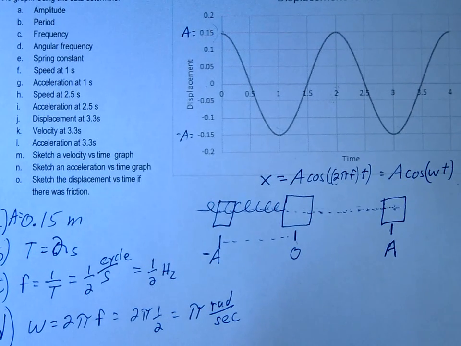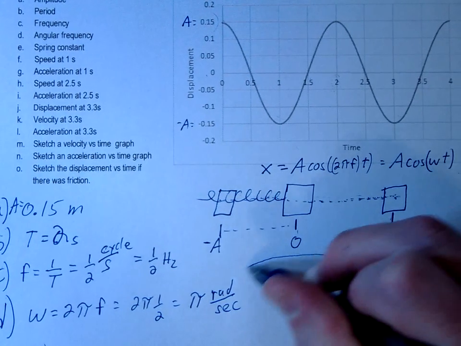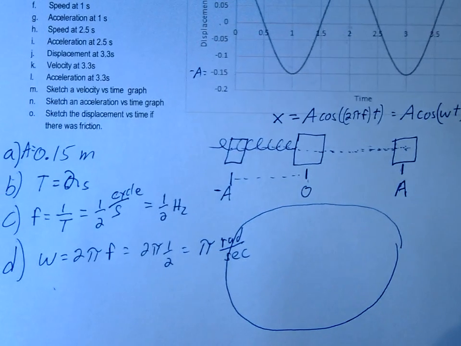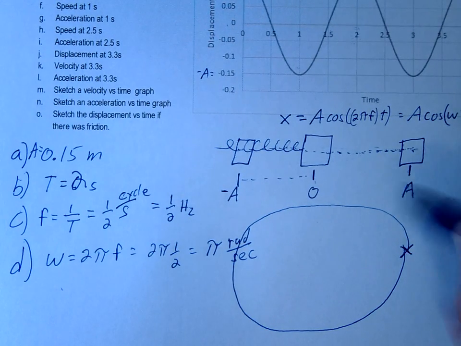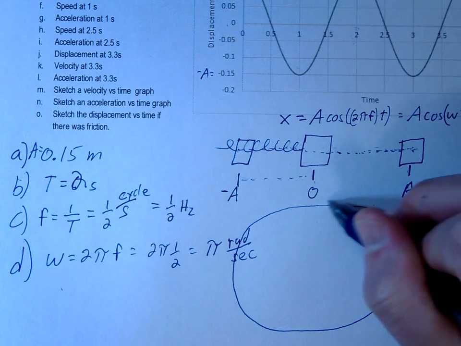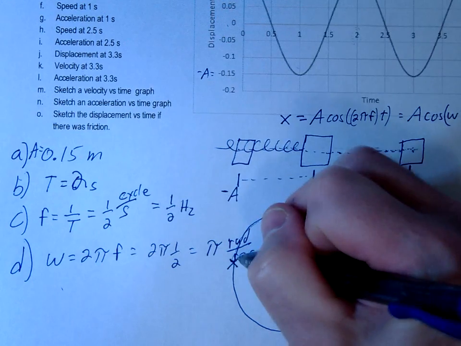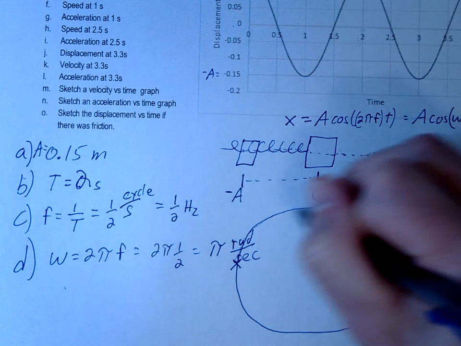So the concept of this, imagine we modeled this as a circle. So this was our circle going around like this, right? And so if we started over here, and we're traveling this way along our circle, notice that after 1 second we would have traveled half of our circle, which in radians would be pi, right?